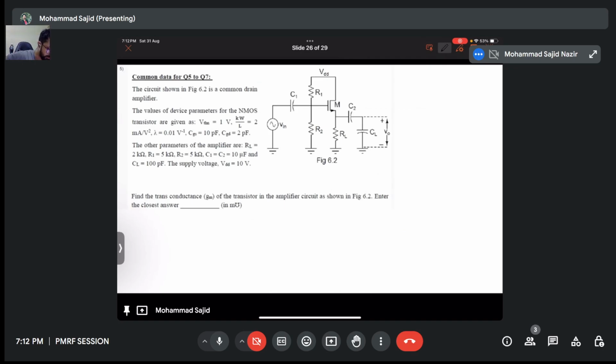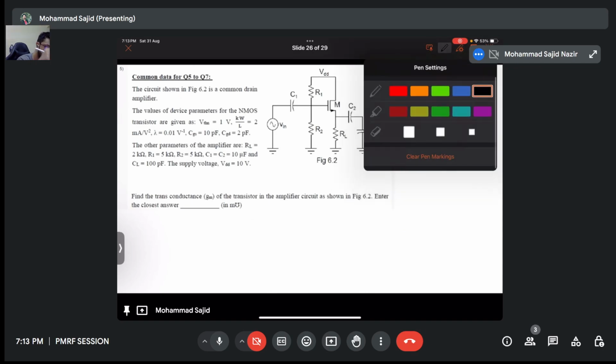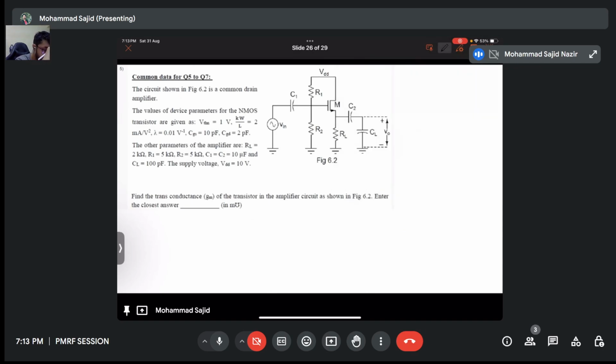Moving on, we have a question on MOSFET. The circuit shown in figure 6.2 is a common drain amplifier. The values of the device parameters are given. Threshold voltage is 1, kW is 2 milli, channel length modulation, and these parasitic capacitances are given. Find the transconductance.